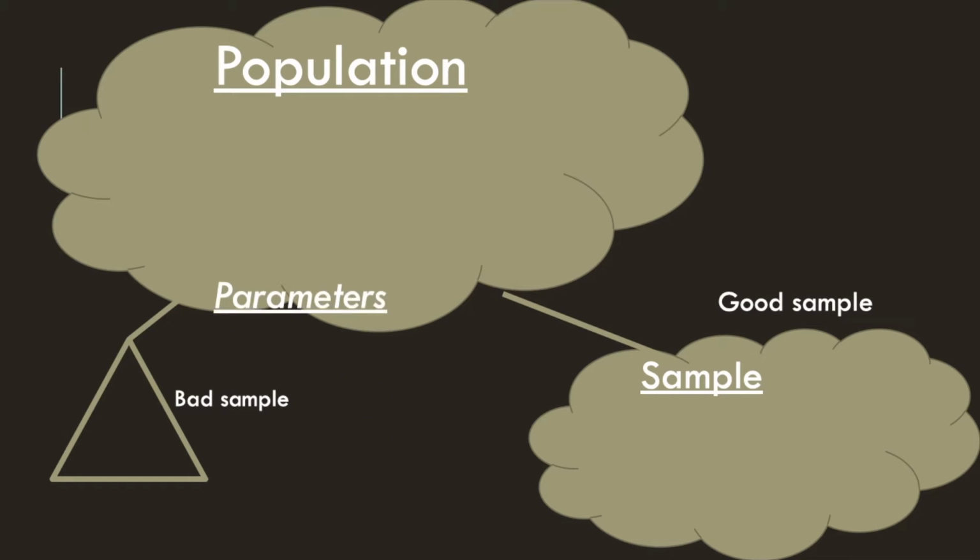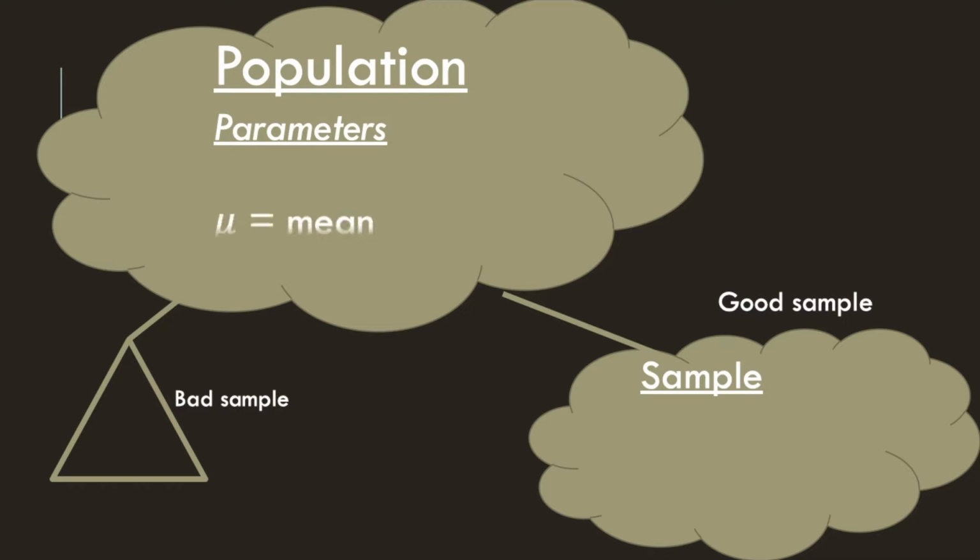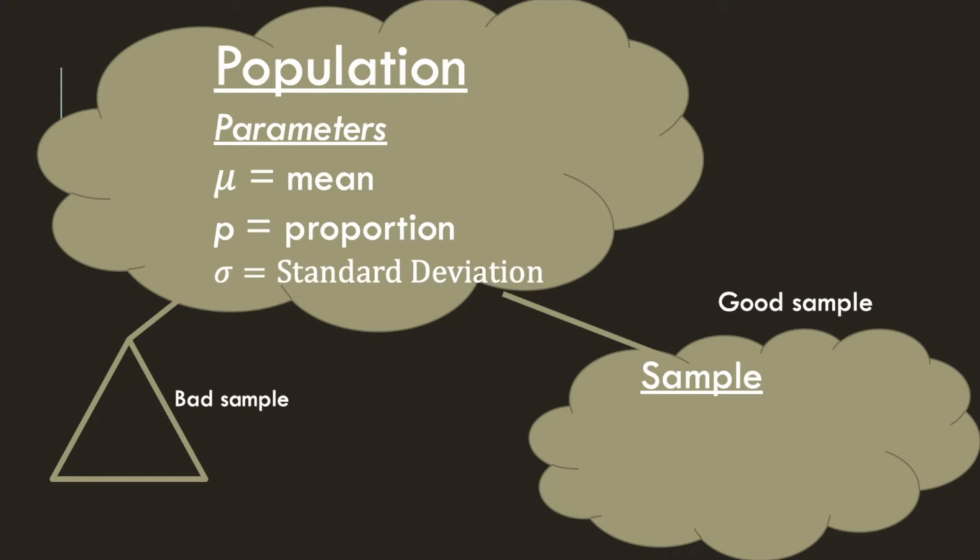From our population, possible parameters could be, for example, mu, which is the mean of the entire population, p, which is a proportion of the population, and sigma, which is the standard deviation of the population. Those are all examples of parameters. There are more types of parameters, but these are the three main ones we will be using this year.